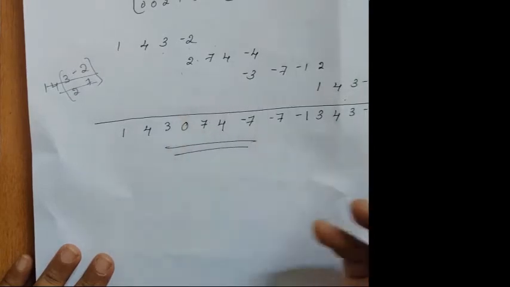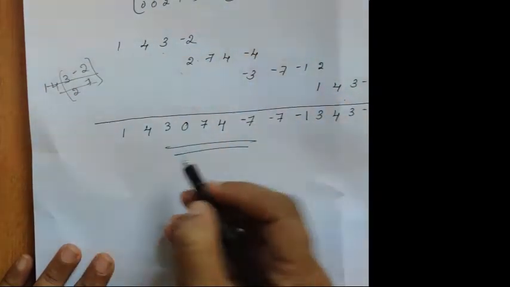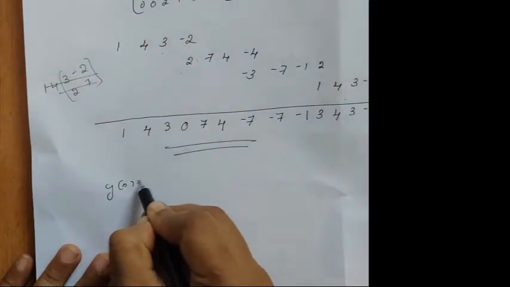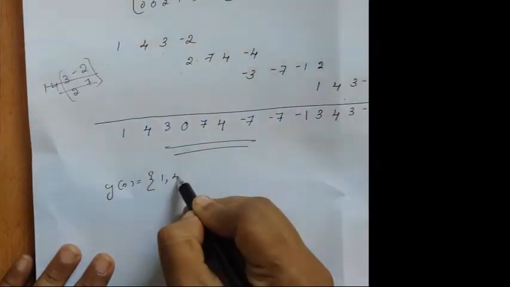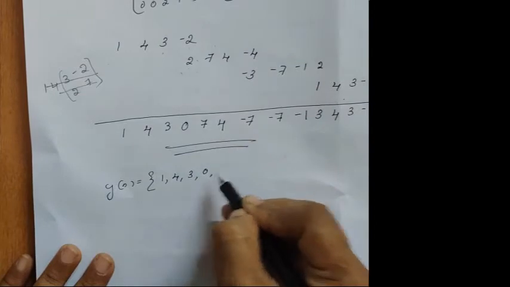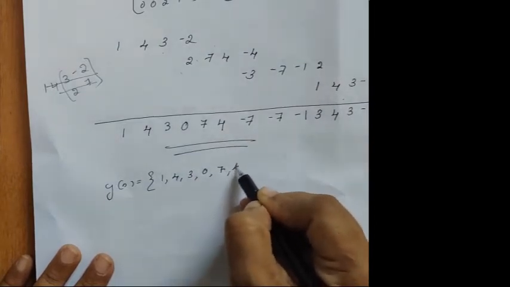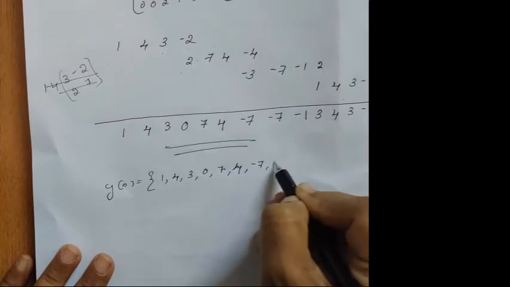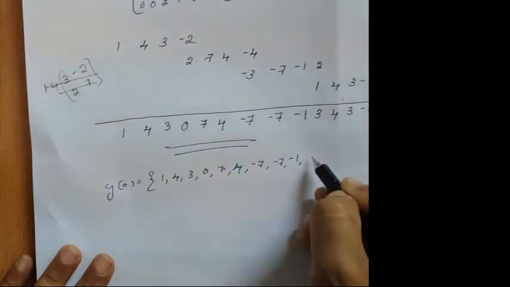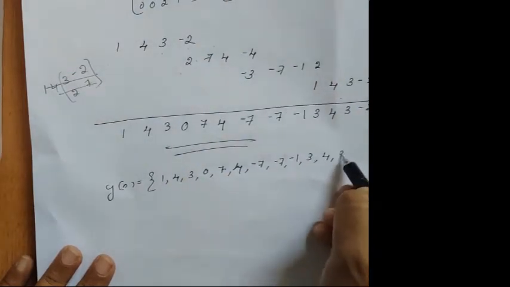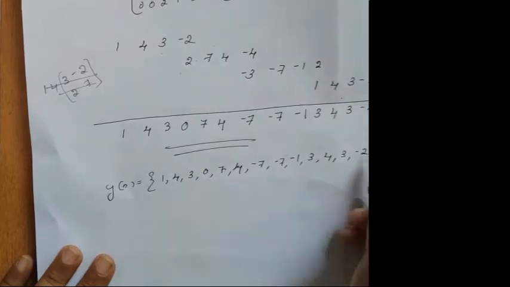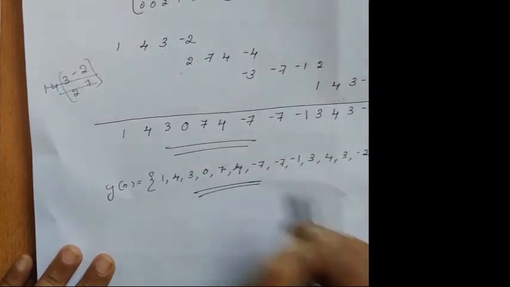The final answer you will get is y of n equal to 1, 4, 3, 0, 7, 0, 7, 4, minus 7, minus 7, minus 1, 3, 4, 3, minus 2. Here also you can check your answer.